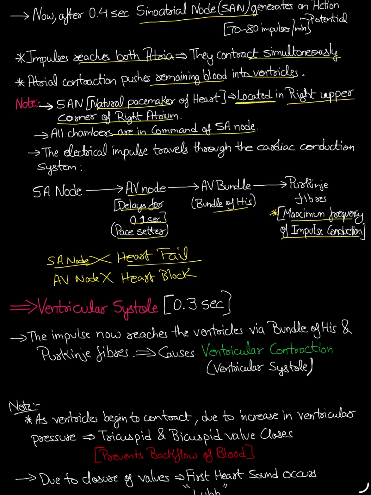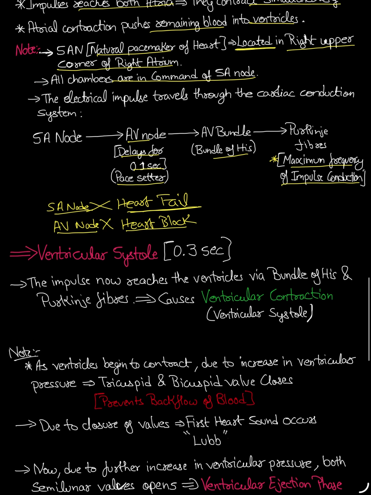Because every node and bundle in the Purkinje fiber is muscle. What kind of muscle is it? It is neuromuscular tissue, so it has the ability to generate impulses. Even if the AV node is stopped, your ventricle will still contract, but at around 30 beats per minute, not at 70-80 beats per minute. The SA node will generate the impulses and contract the atria at around 70 to 80 beats per minute. So AV node stop, heart block; SA node stop, heart fail.